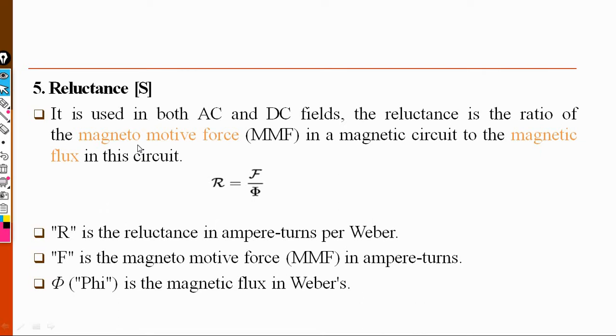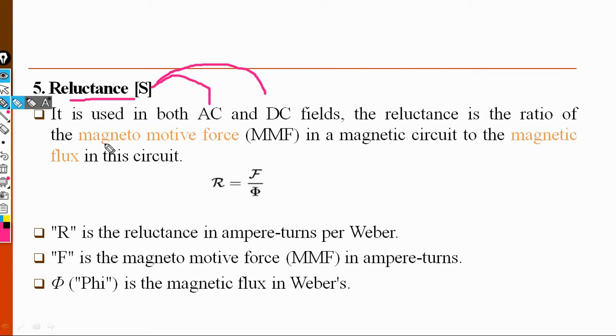Then the next definition is reluctance. The symbol is S. Reluctance is used in both AC fields and DC fields. Reluctance is the ratio of magnetomotive force to magnetic flux, that is F upon phi.